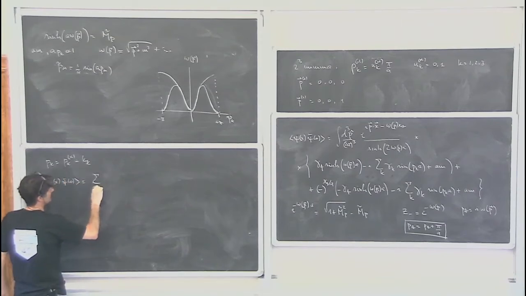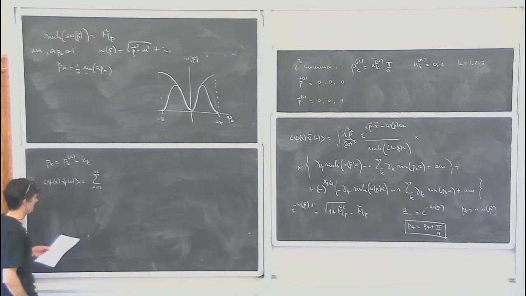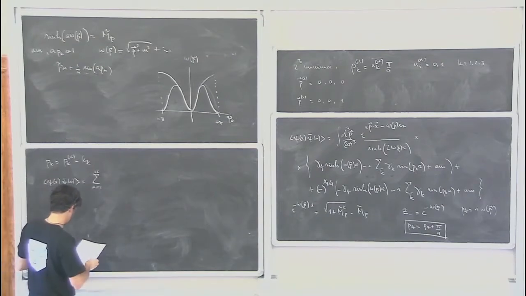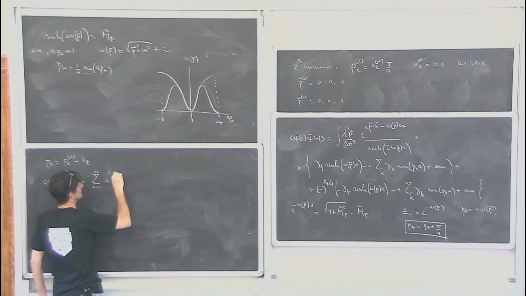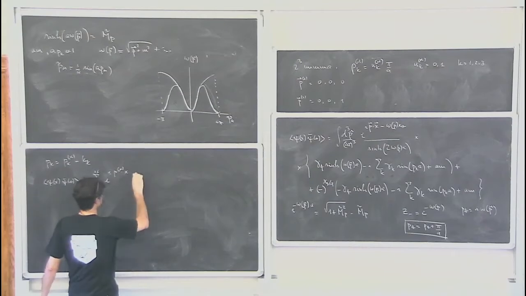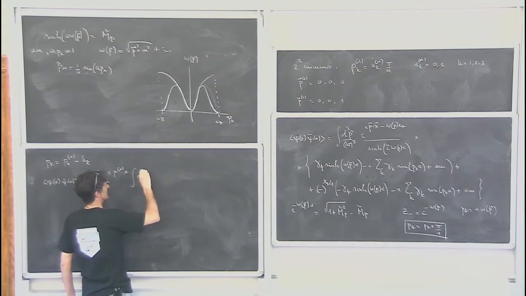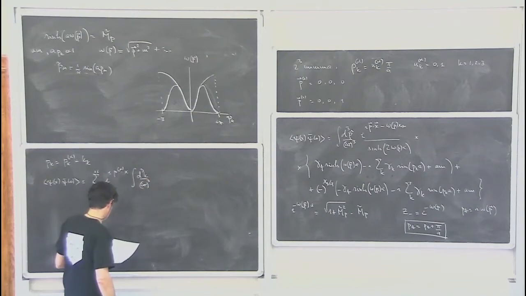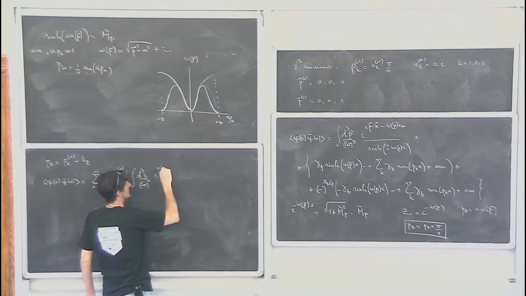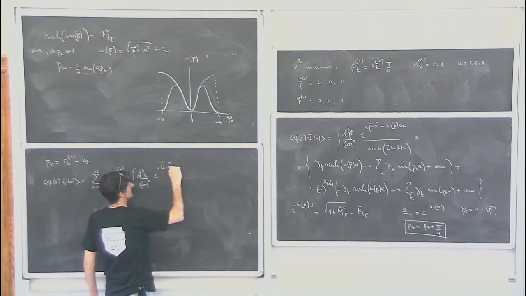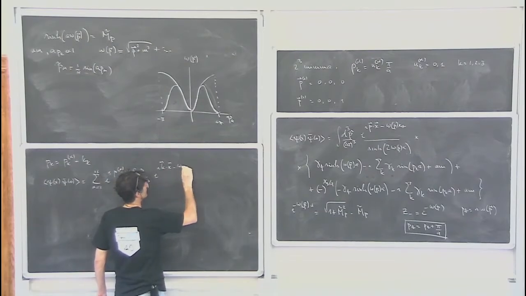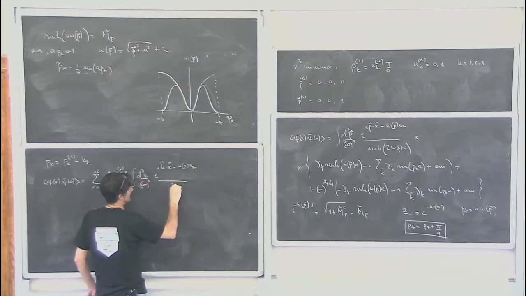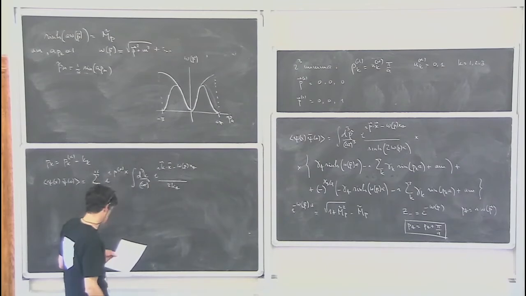As a sum for alpha from 1 to 16, e to the i p alpha dot x, and then the integral over d3k over 2 pi cubed, e to the i k dot x minus omega of p times x4, divided by 2 times k4.